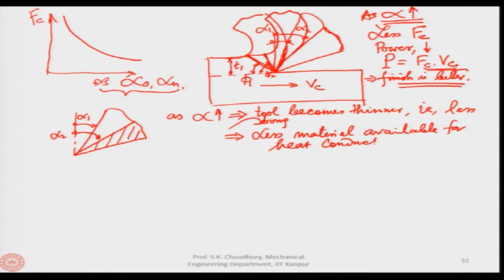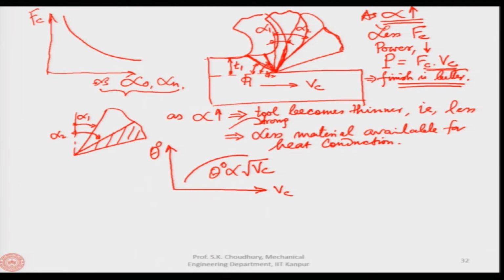This is important because otherwise the heat will accumulate in the tool. During the process, as we have seen, as the cutting velocity increases the temperature increases, and the temperature, once again I repeat, goes as root over Vc. As the temperature is increasing, this heat has to be conducted and taken away.